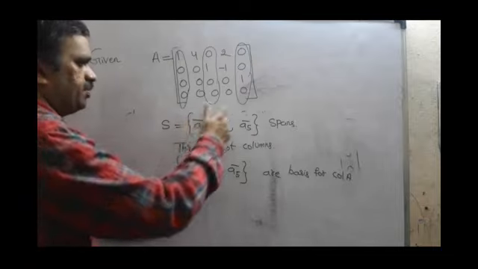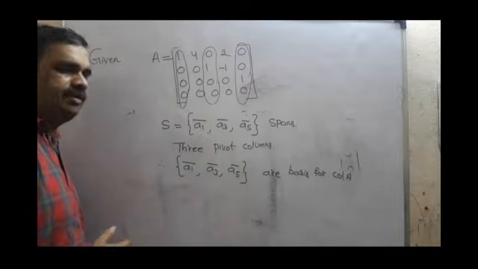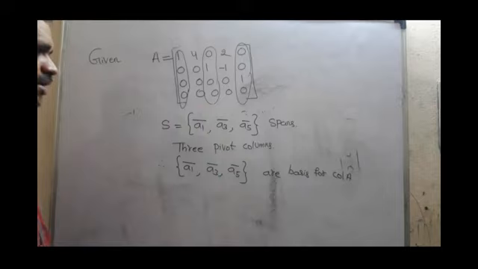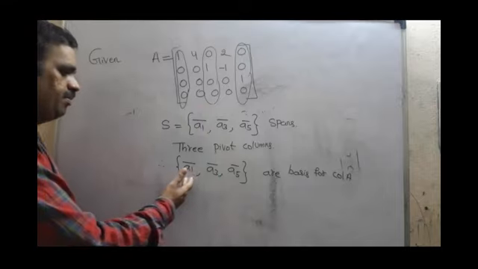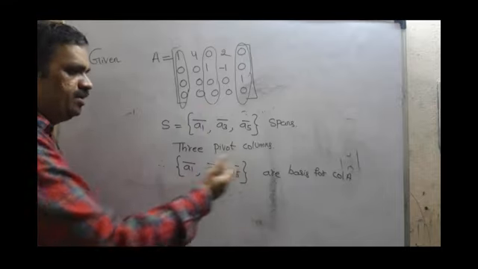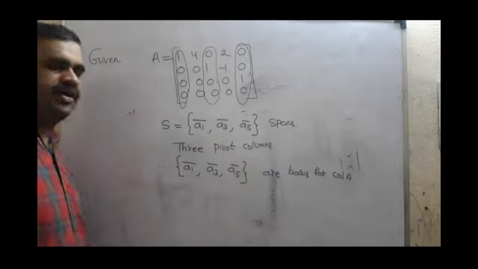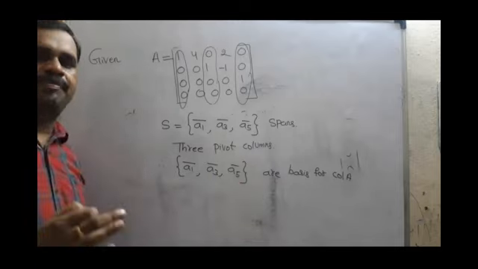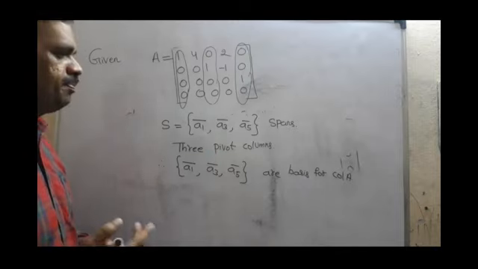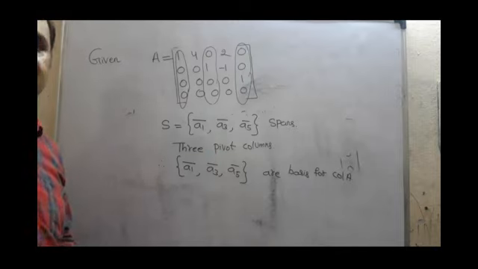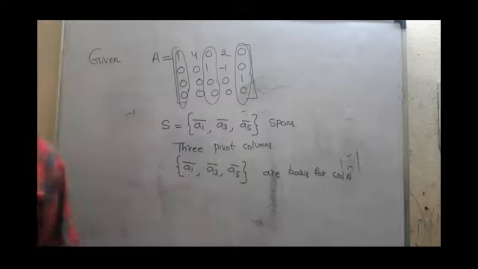Here I got 3 pivot columns, which are independent. So simply I can say A1 bar, A3 bar, A5 bar are a basis for column A. So it is very simple to find basis for column A. Simply find the pivot columns, and those pivot columns become the basis for column A.